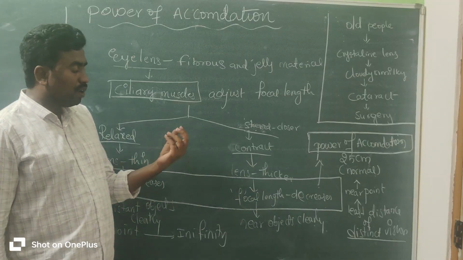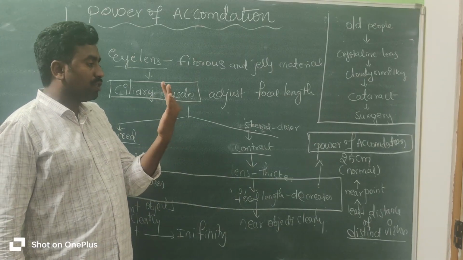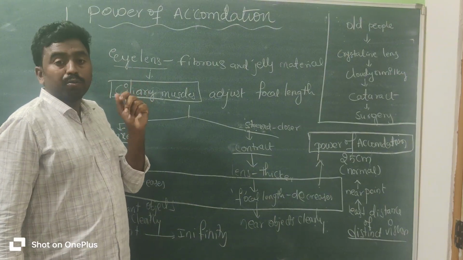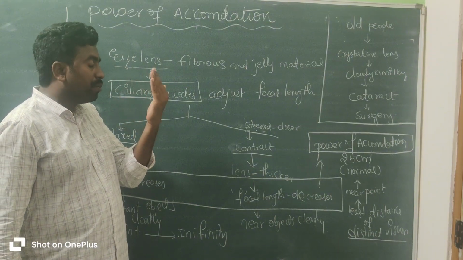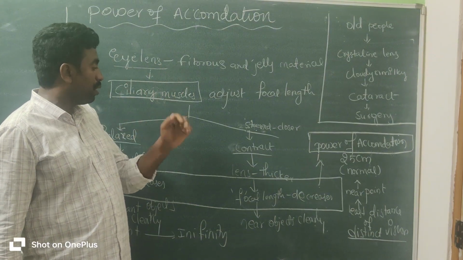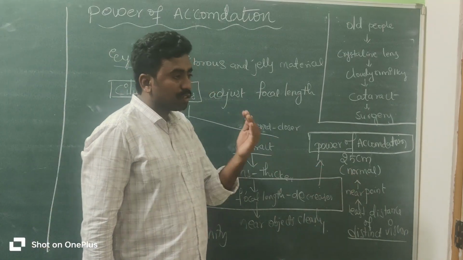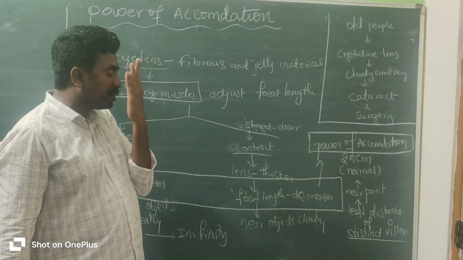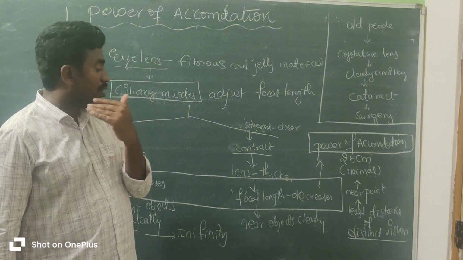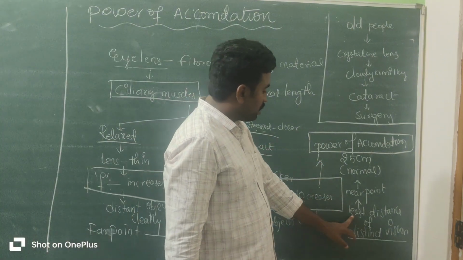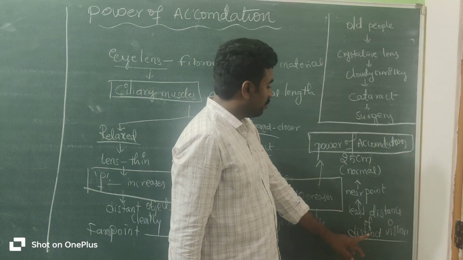Suppose a normal person is able to see an object. If you put the object very close to the eye, he will not be able to see it. At a minimum distance, he will be able to see. The minimum distance for a person is 25 centimeters. Beyond that, he cannot see the objects. That minimum distance is called the near point or least distance of distinct vision.